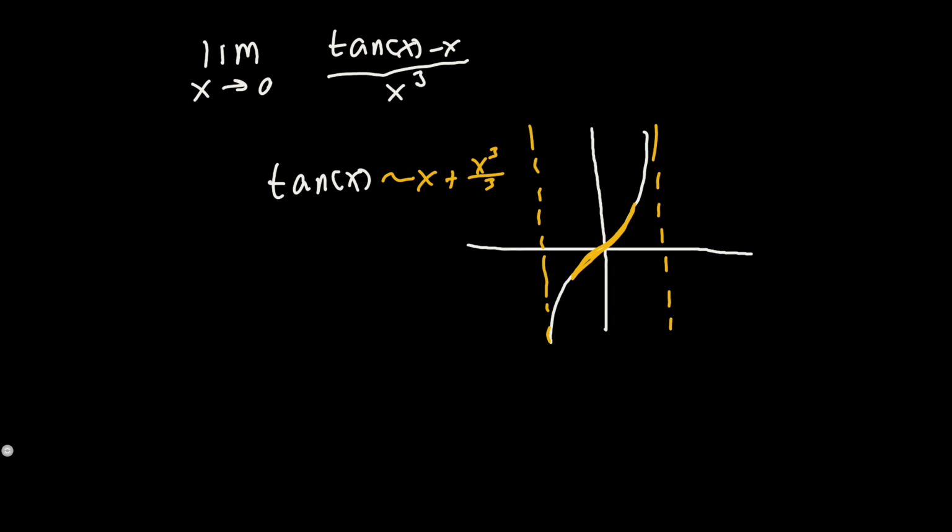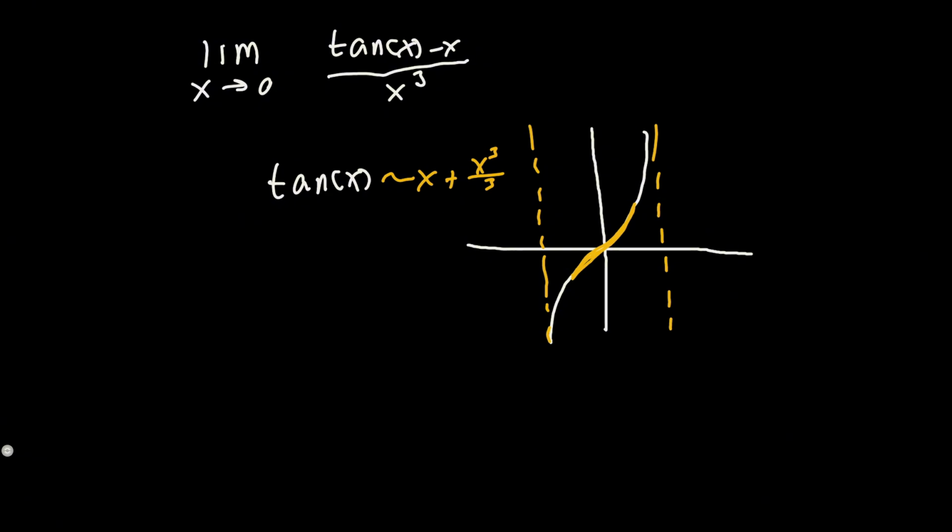You could also get this from the Taylor series of tangent of x. So we could say that tan of x is asymptotic to x plus x cubed over 3.